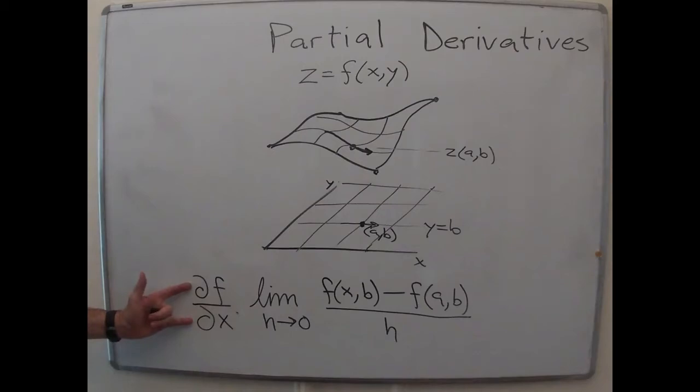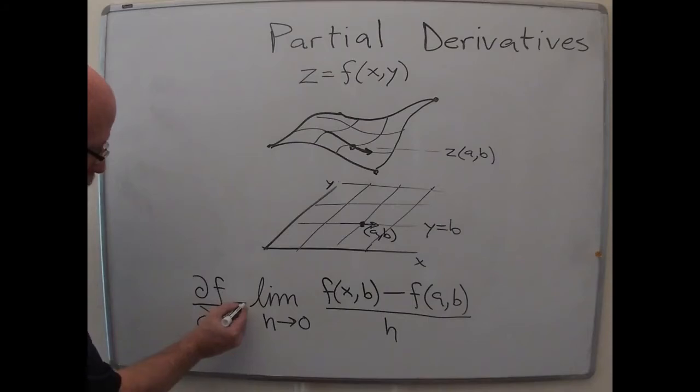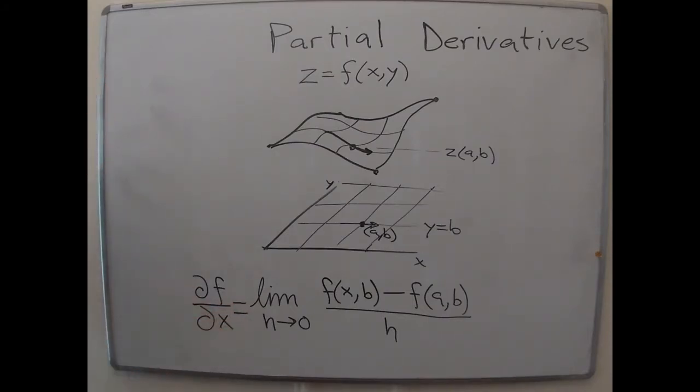Remember seeing this kind of notation before? It looked like df over dx. These are different symbols, and they're not even deltas. Those are called the partial derivative symbol, but they're supposed to look a little bit like a d. They're just there to remind you this isn't the ordinary derivative. This is just a part of the derivative of the surface. So partial f partial x is that limit.